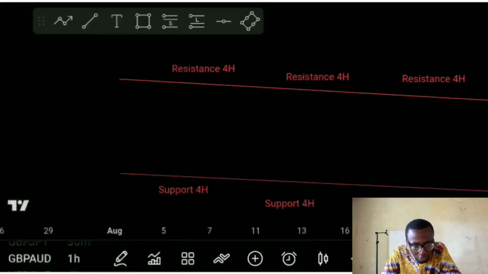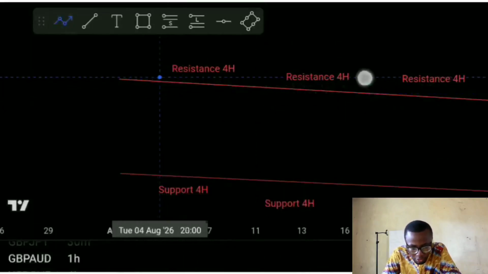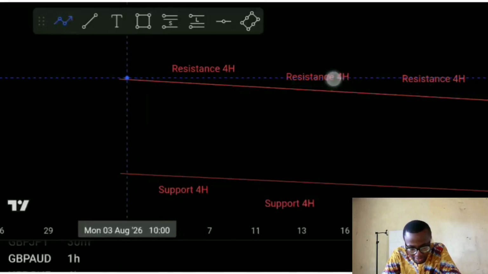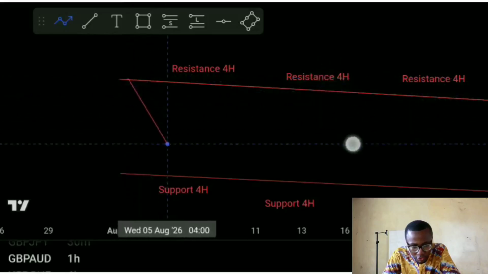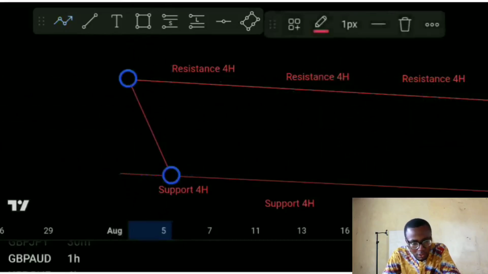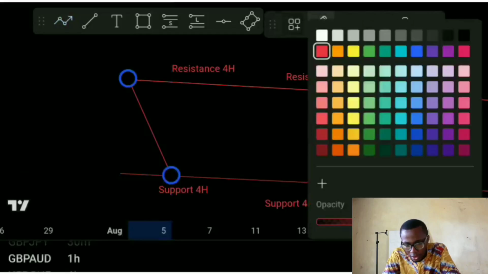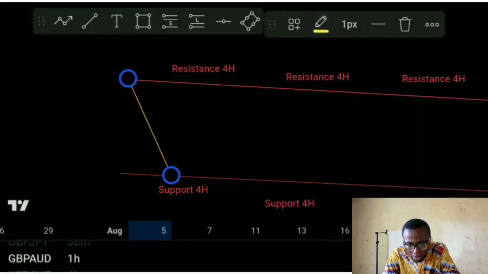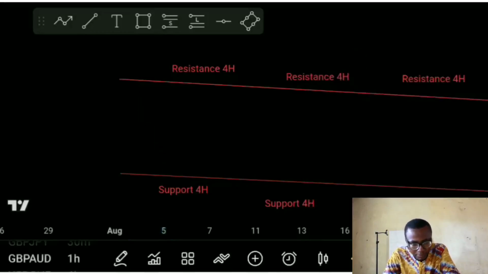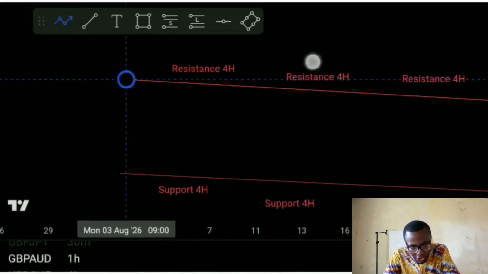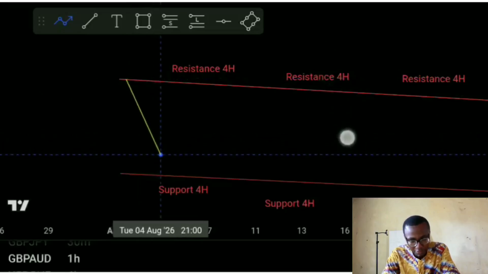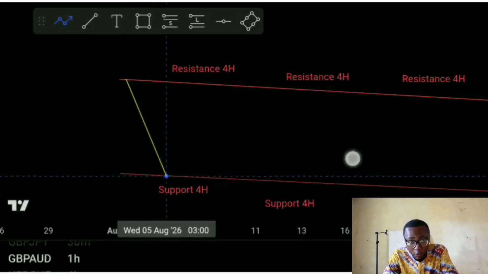Now look, the trade is on the resistance. For it to move from this resistance to this support, let me change the color to yellow. This is the resistance of the 4-hour time frame. For this trade to move from the resistance to the support, it's called a pullback.